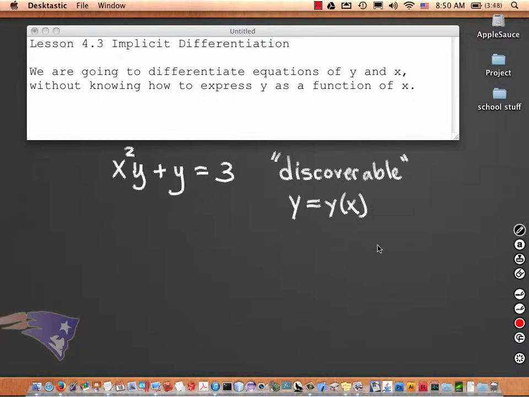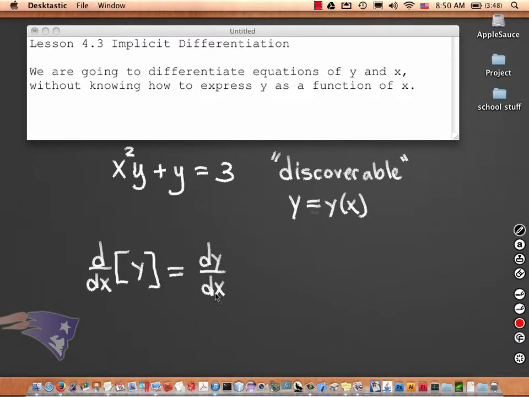And using this fact, I'm now going to be able to differentiate this. So let's go ahead and do that. Before I do that, whenever I take the derivative with respect to x of y, I get dy dx, right?